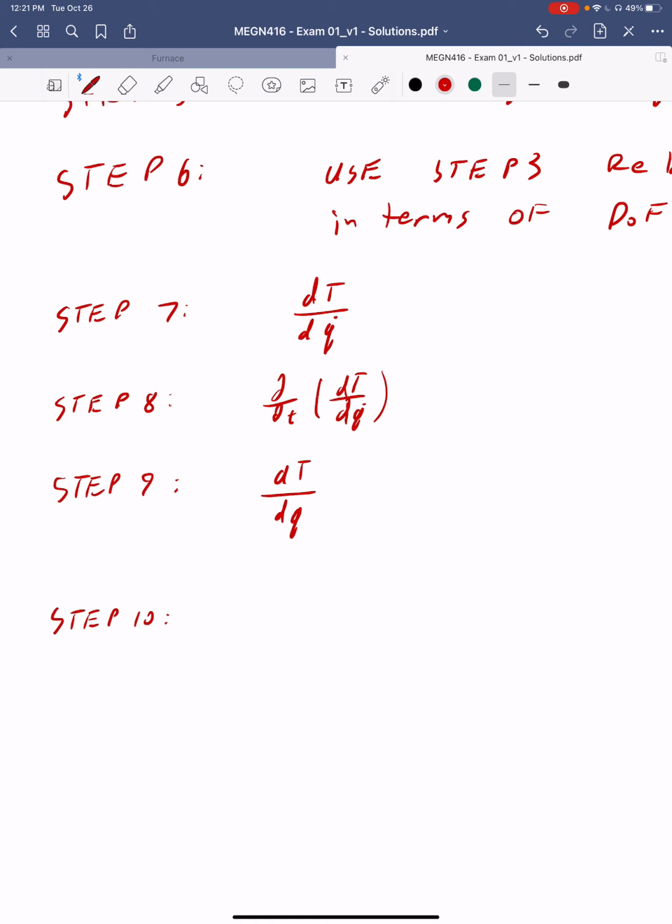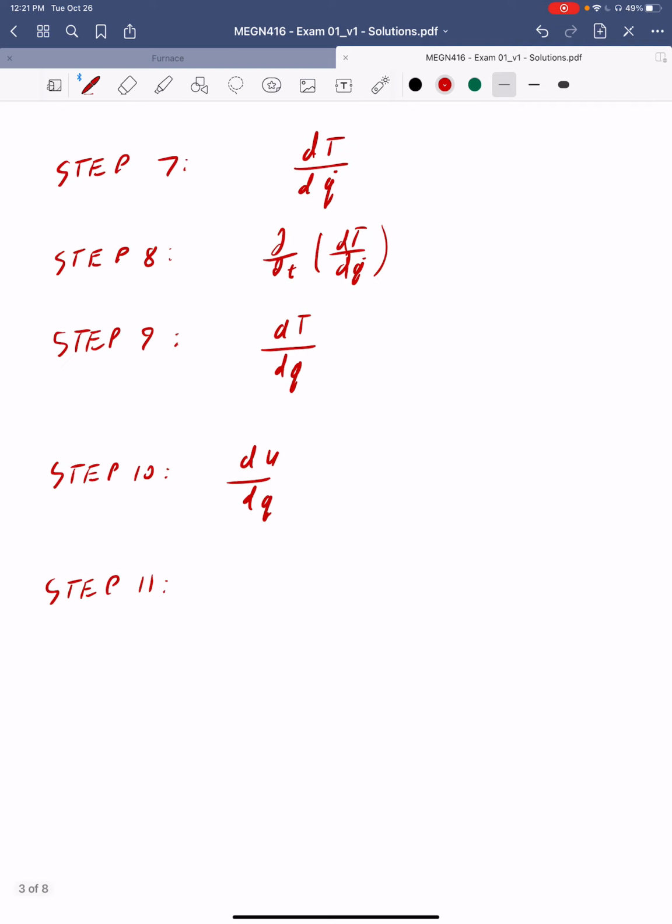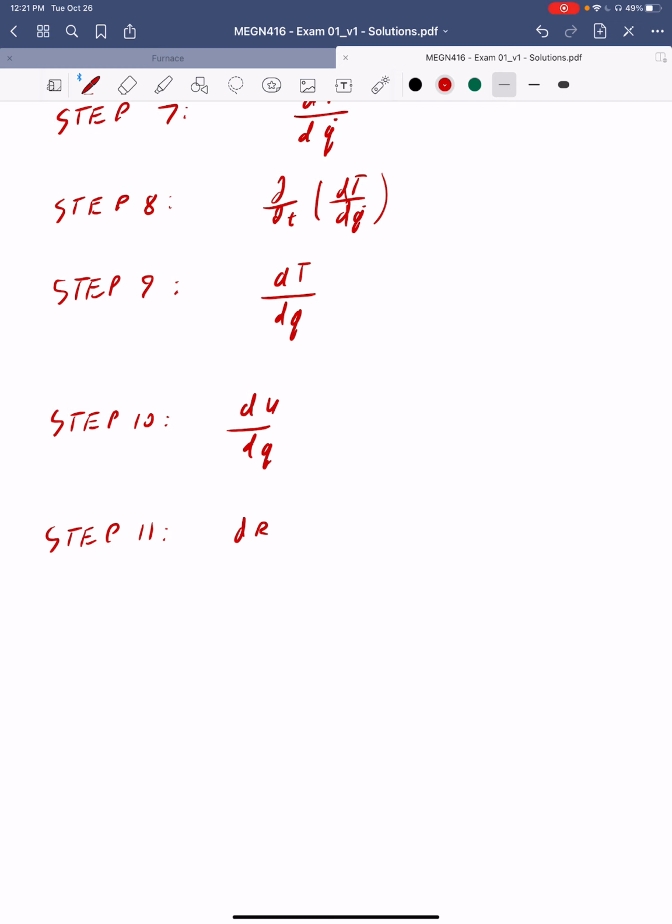So step 10 is we're going to take the potential energy with respect to the position. And then step 11 is we're going to take the damping energies with respect to velocity. And then step 12 is we're going to collect the results.